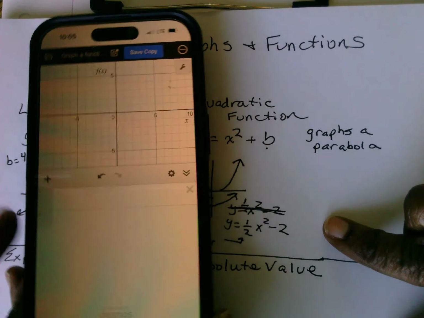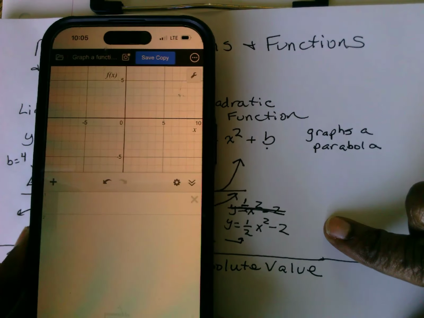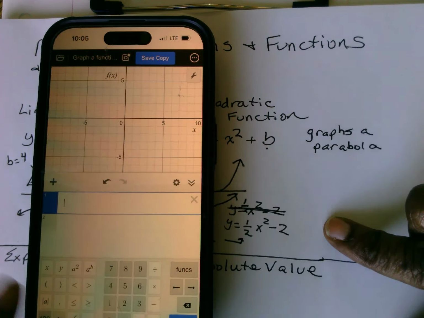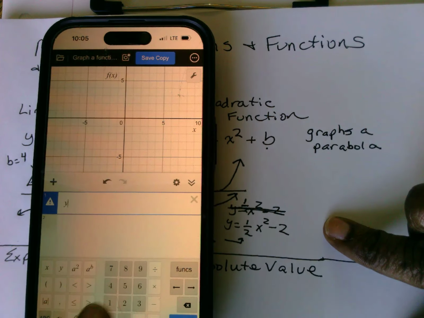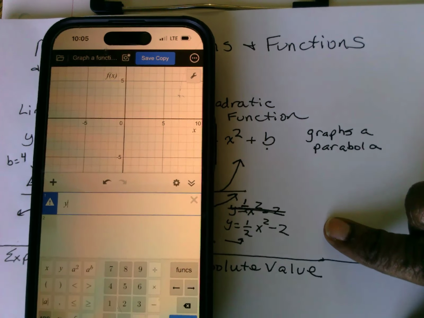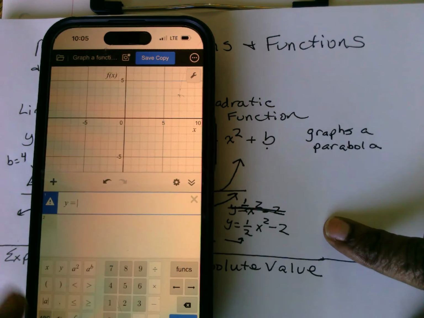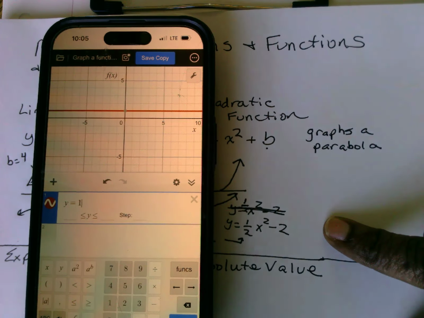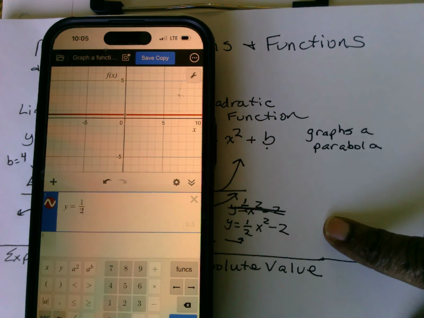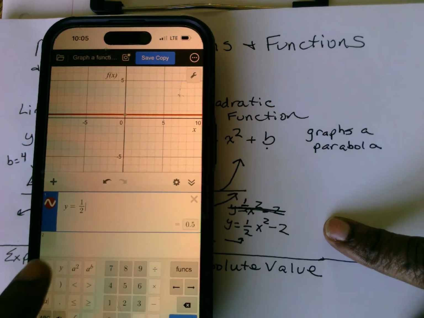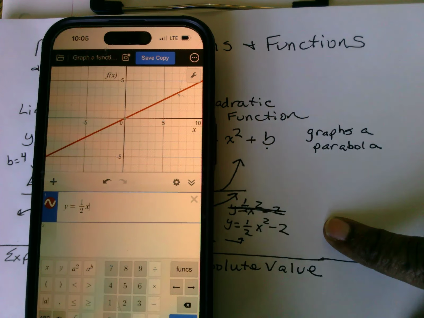I'm going to type in y equals 1/2 x squared minus 2.